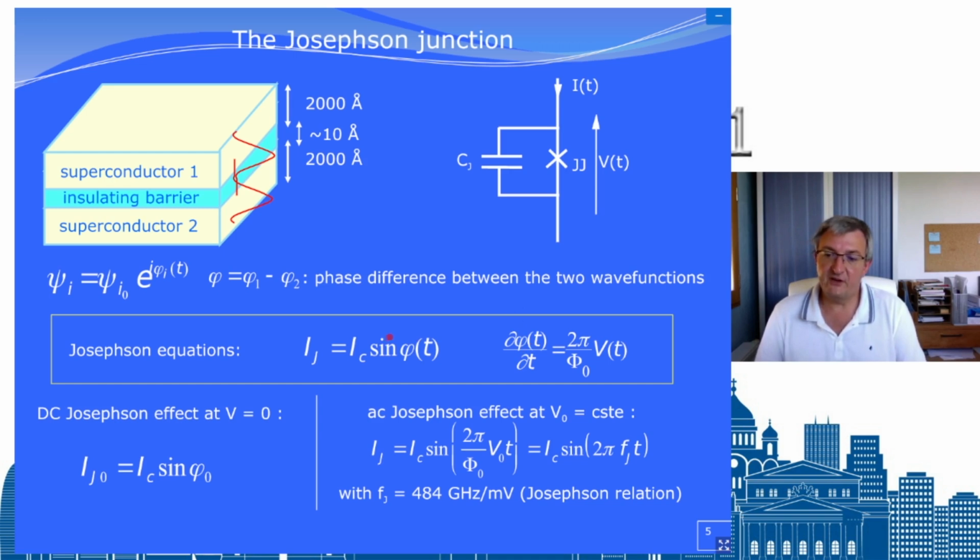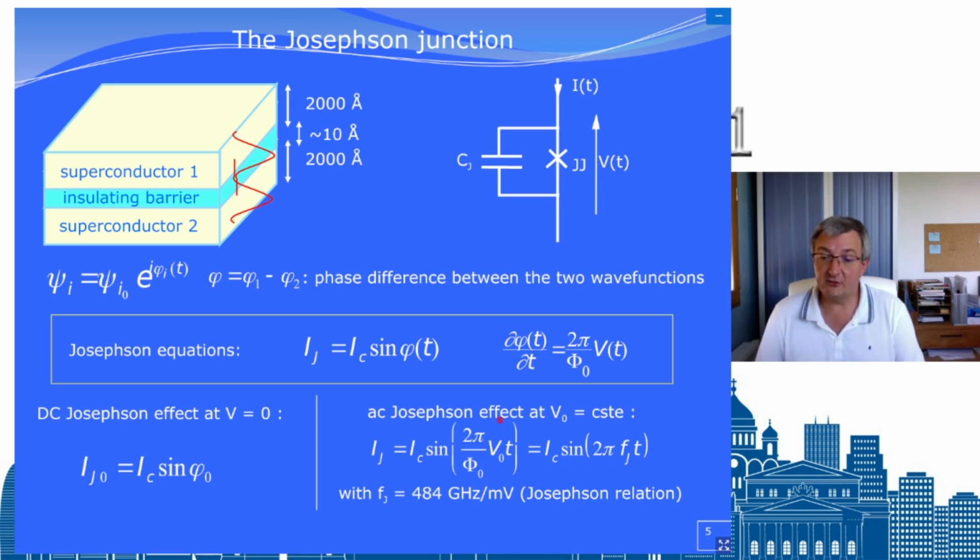And if you put this phase here, you see that you have a current which is a sinus of a constant times the time, so you can call it sinus omega t plus phi naught, right? And I removed the constant of integration, but there could be one. And this constant is 2 pi over phi naught times V naught, the constant voltage you apply. Obviously, this is a sinusoidal current.